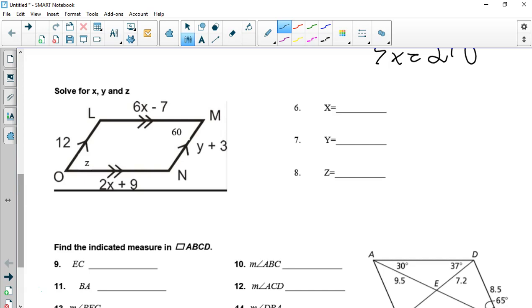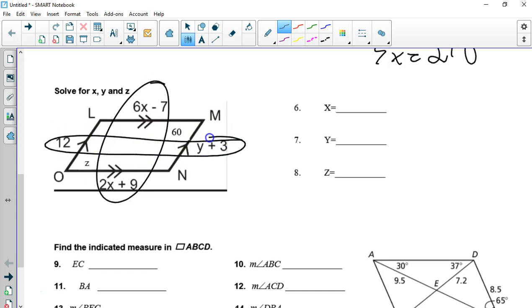Okay, so we know this is a parallelogram because both pairs of opposite sides are parallel. Therefore, we know these two sides are equal. We know these two sides are equal, and we know opposite angles are equal. And that's how we're going to solve for all these letters.